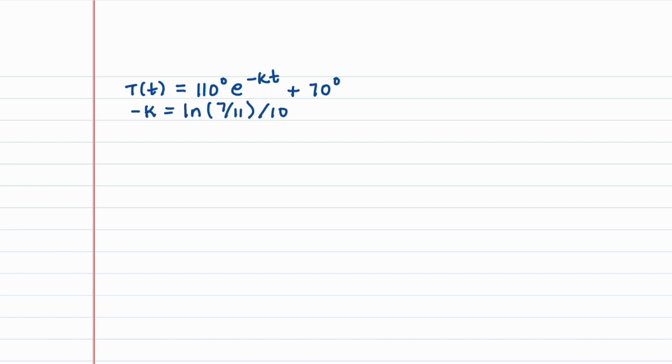Now we can go ahead and substitute in minus k. This gives us our temperature is equal to 110 degrees times e to the natural log 7 over 11 times t over 10 plus 70 degrees. I want to show you how to do this next part because I think it's confusing.